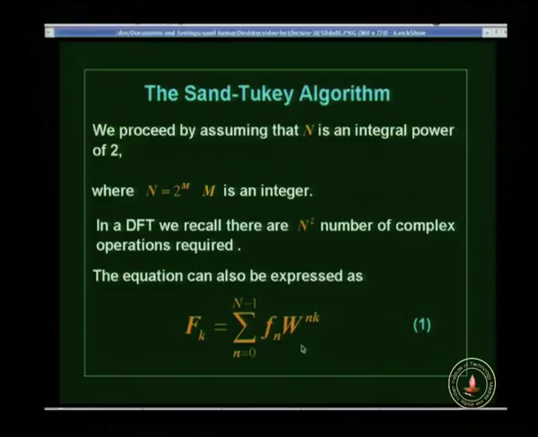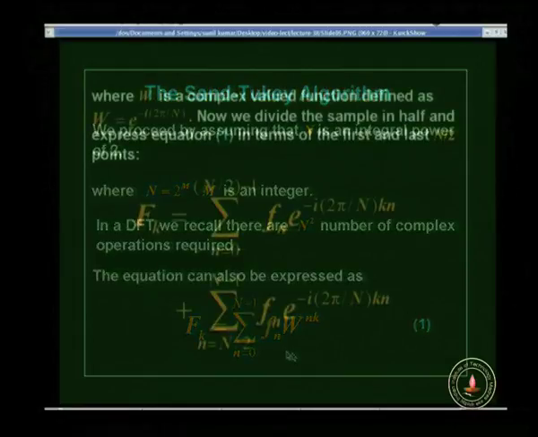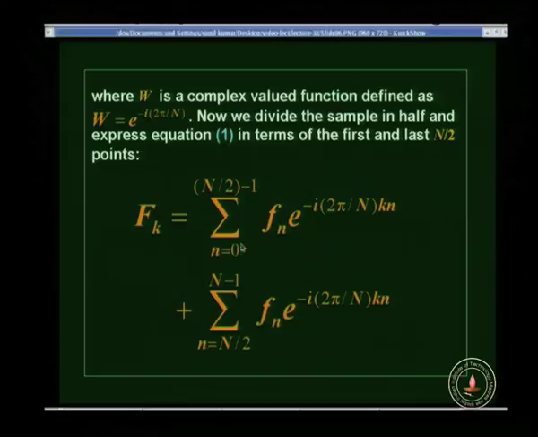This is the same as what we used in the discrete Fourier transform case. So we use this. Okay, and then we just write that into 2 halves. So it's n equal to 0 to N by 2 minus 1, and n starting from N by 2 to N minus 1. That's what I just now said. We split this whole interval into 2 intervals, okay, and write this as 2 different sums.